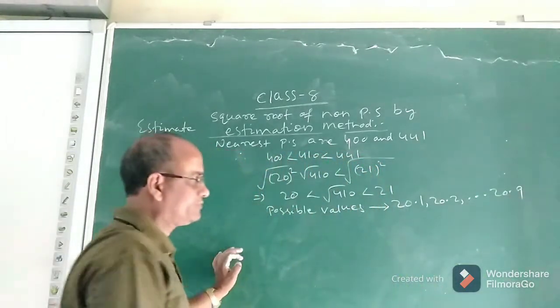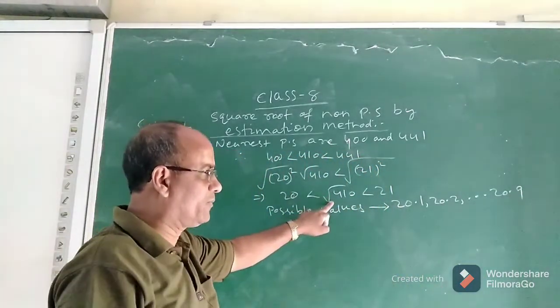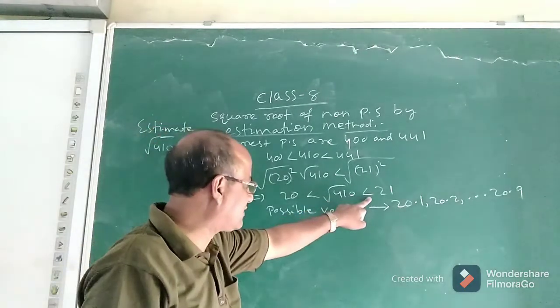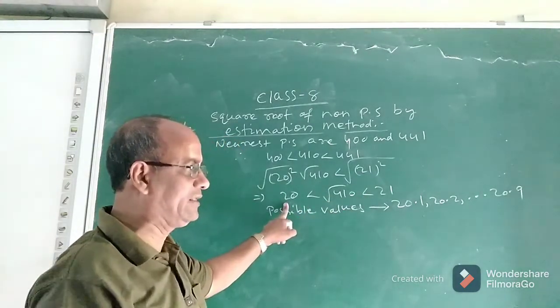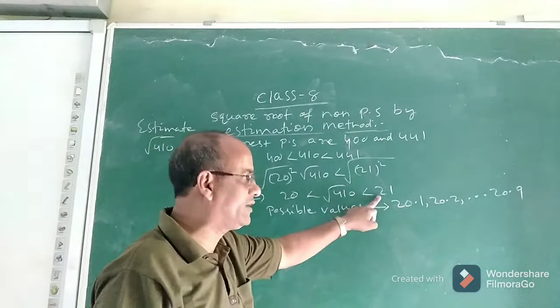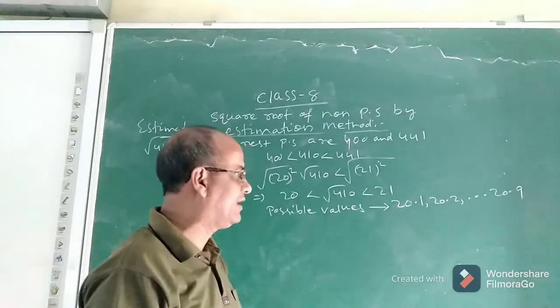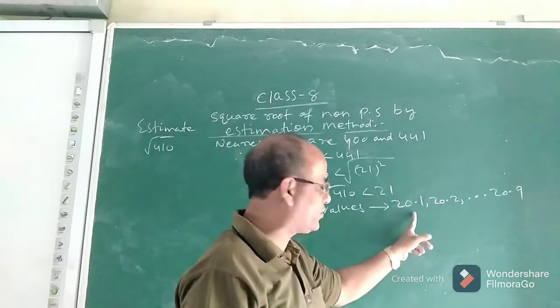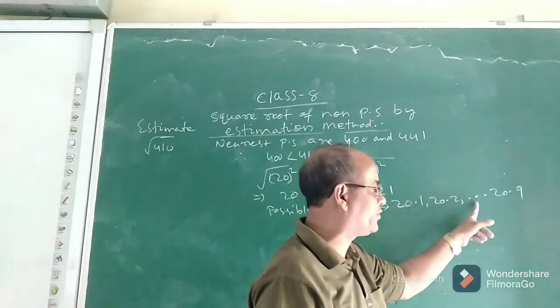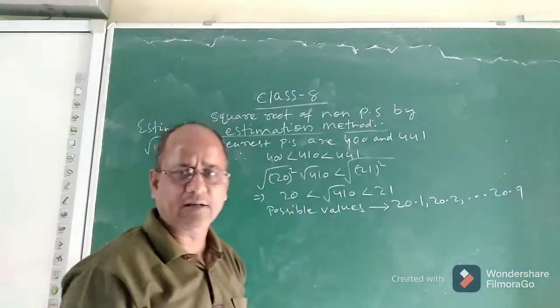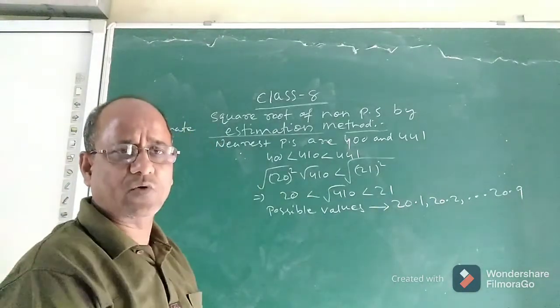Since the square root of 410 is less than 21 and more than 20, it can be any number between them. It may be 20.1, 20.2, 20.3, up to 20.9. So how to get the exact square root?